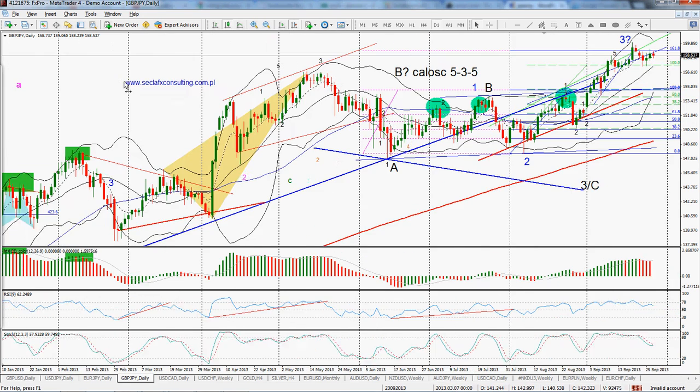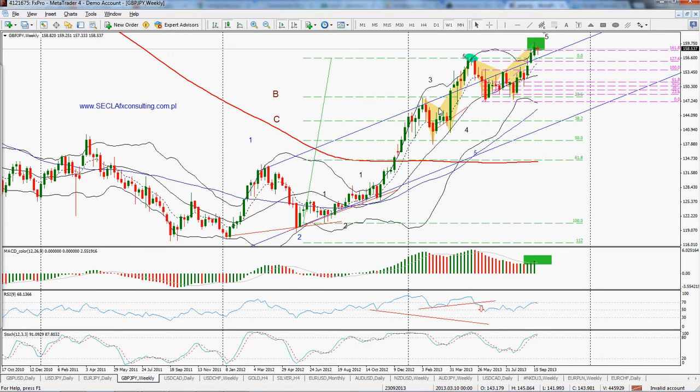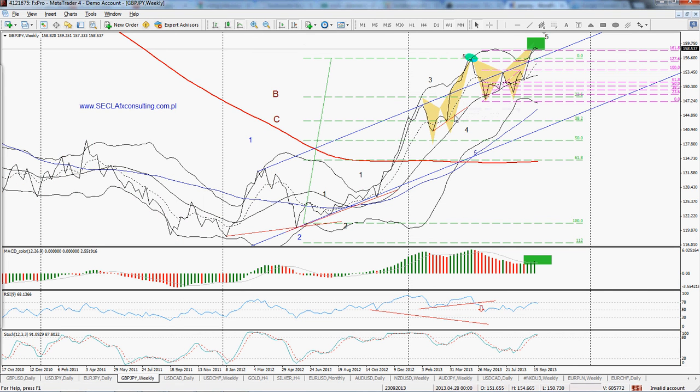So to sum it up, especially in this case, you just try either to trade the breakout of this support line, or you can wait, because there's another support line.